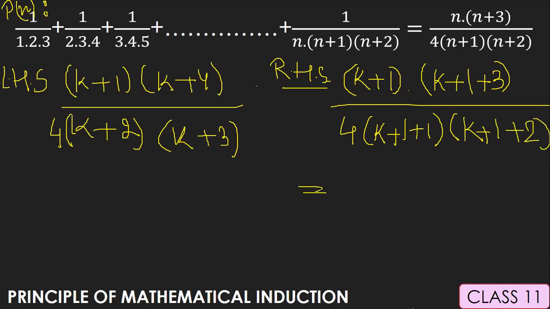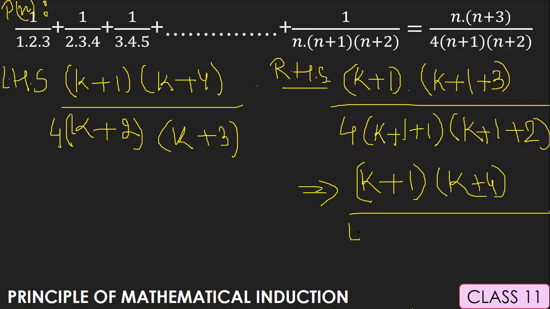So this would be k plus 1 into k plus 4, divided by 4 into k plus 2 into k plus 3. So as you could see, LHS is equal to RHS. That means it satisfies for n equal to k plus 1. So that means it is true for all values of n. Now let us proceed to our next question.